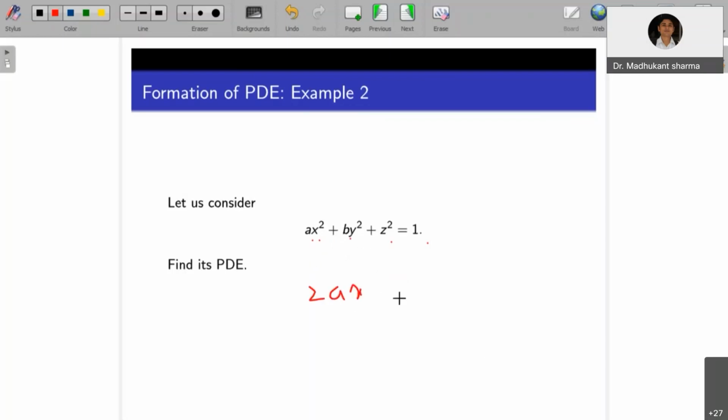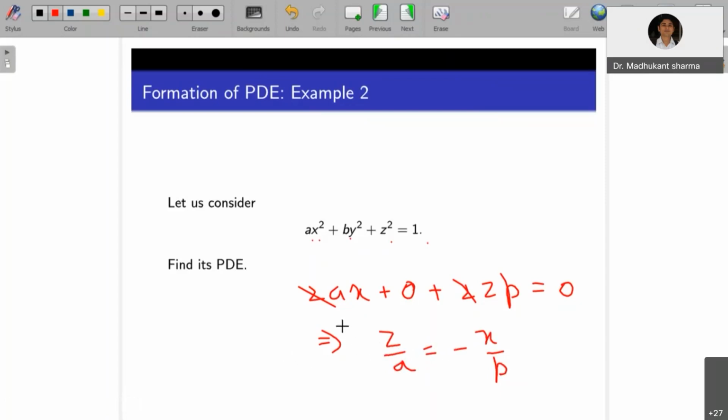What you will get is 2ax plus 0 for the second term, plus 2z z_x, that is dou z by dou x, which is p, equal to 0. From here, what you will get is z by a is equal to minus x by p.